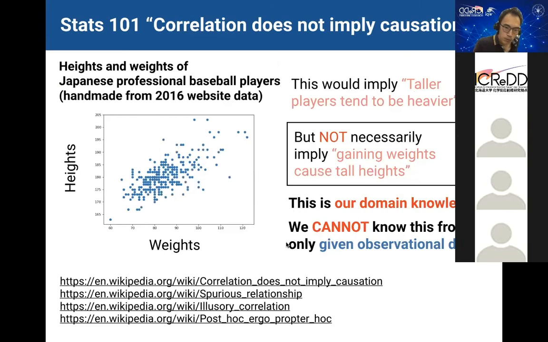And a more intuitive result is this one. This sentence often appears in the very first section of applied statistics. For example, this is data I made from a website, Japanese professional baseball players' height and weight. You will see that taller players have larger weights, of course, right?